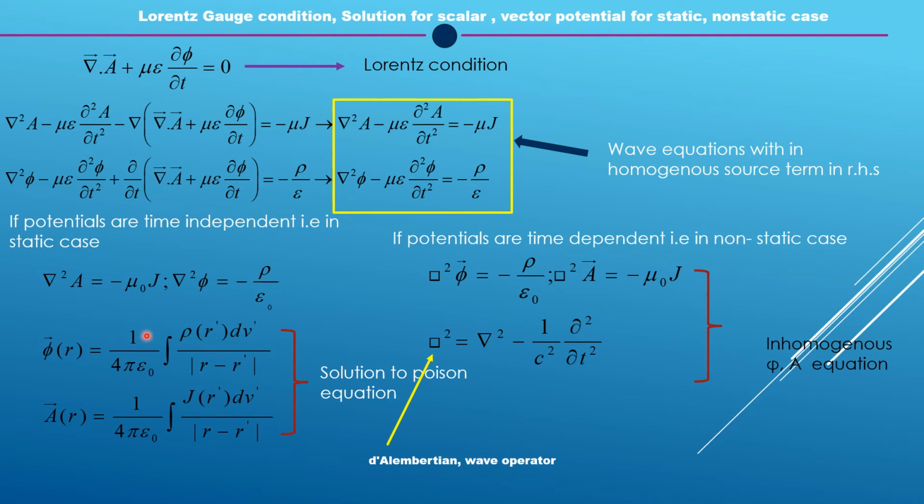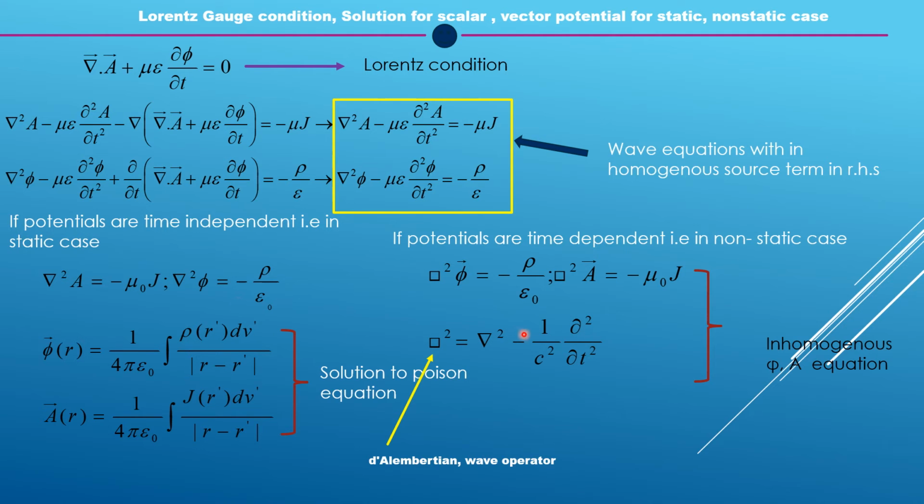That means the electric field E and the magnetic field B, if we know the value of the scalar and the vector potential. Okay, so I hope I am able to make you understand up to this part how we get the Maxwell's field equation in terms of the potentials for the non-static case.